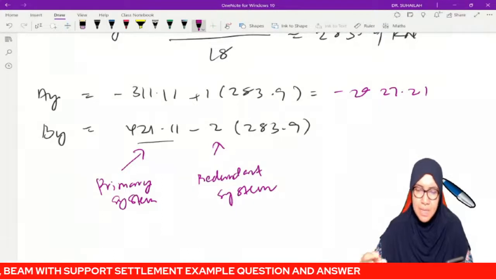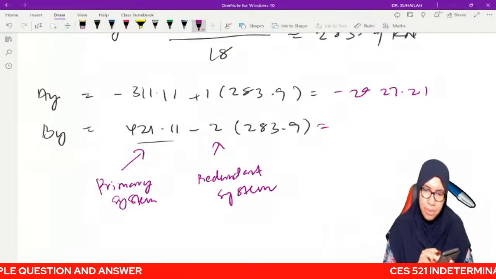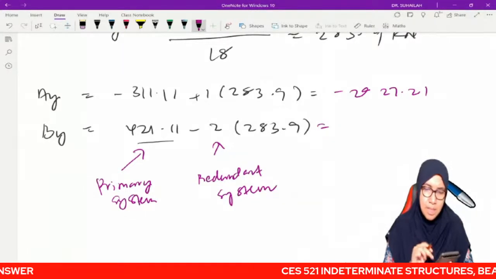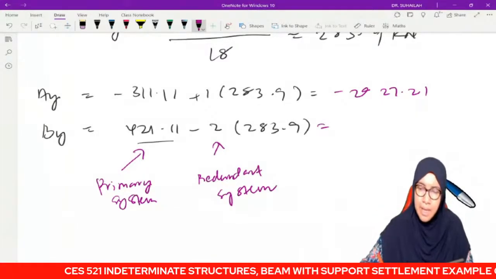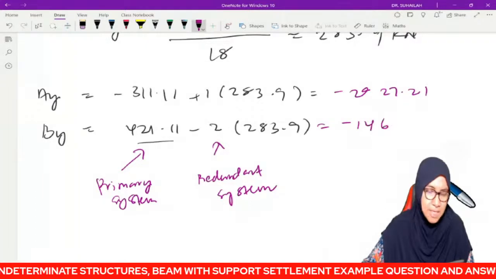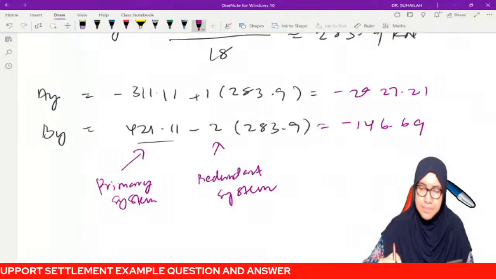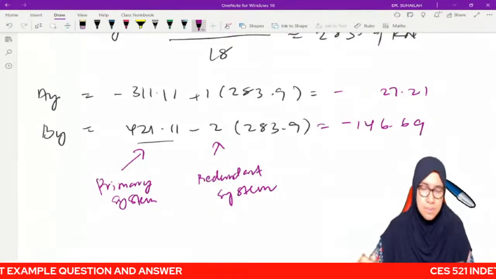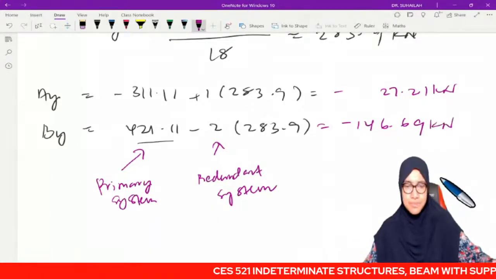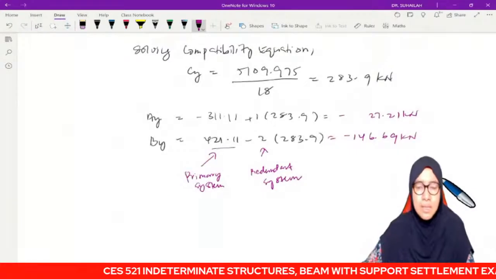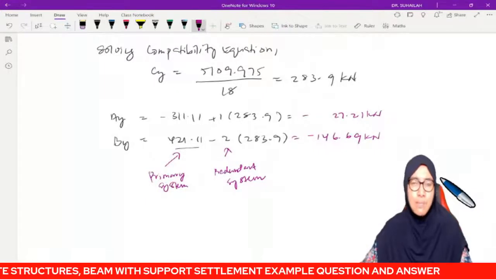And then 421.11 minus 2 times 283.9, we get negative 146.69. This is in kilonewton. So we settle question B.